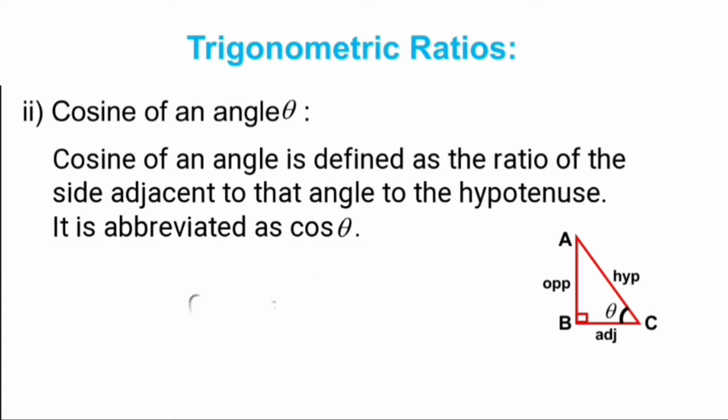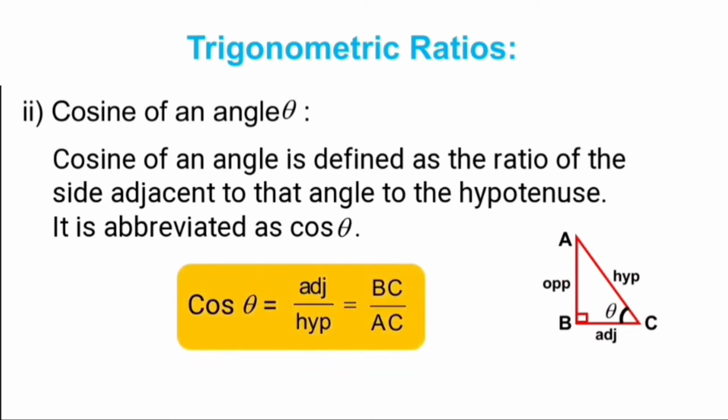Therefore, cos theta is equal to adjacent side by hypotenuse. Children, from the figure, BC is the adjacent side and AC is the hypotenuse. Therefore, cos theta is equal to BC by AC.